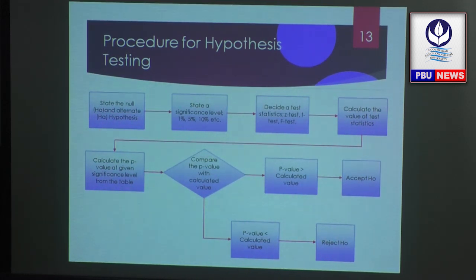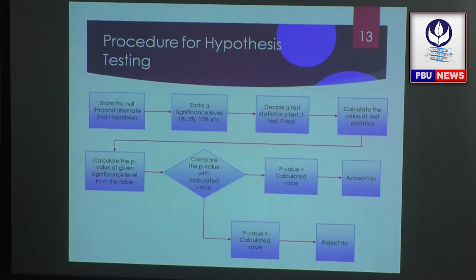Suppose your data set is in your hand. You choose the null hypothesis or alternative hypothesis and use a significance level. You decide which test you have to apply in your analysis. Calculate the value of the test statistic, calculate the p values and compare them. The p value calculated from the data set is compared with the table value.